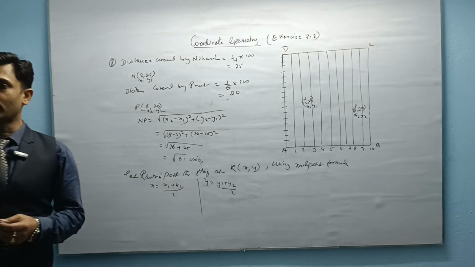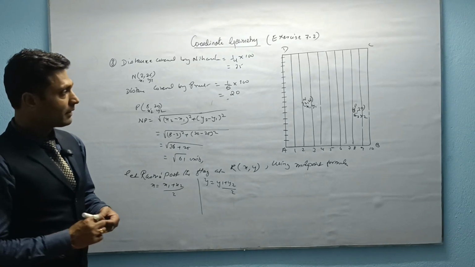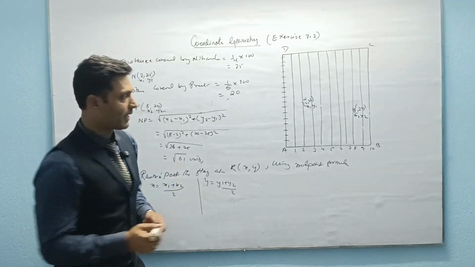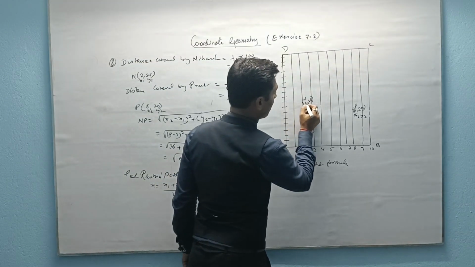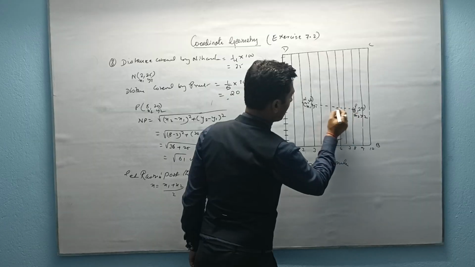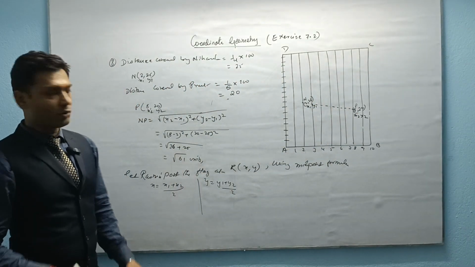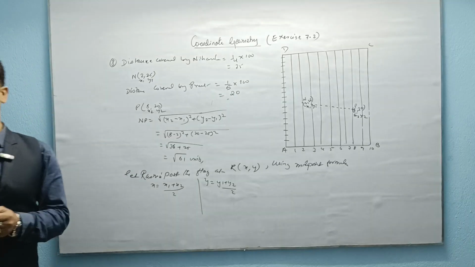Now, the third part of the question, what does it say? That Rashmi has to post a flag exactly in the midpoint of the line segment joining NP. Exactly in the midpoint. So, where should she post the flag?